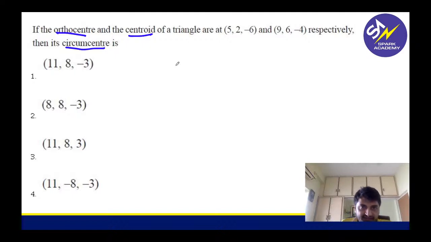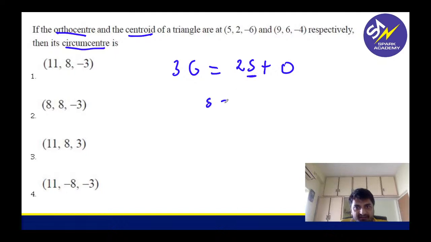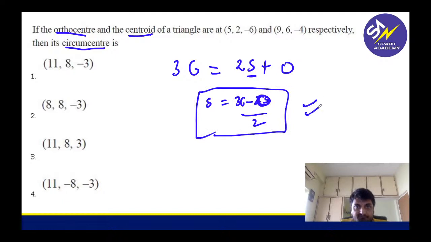Very good, Indranil. 3 times centroid is 2 times circumcenter plus orthocenter, or circumcenter is (3G minus O) by 2. Right? Or what is the concept? How did you get this formula?